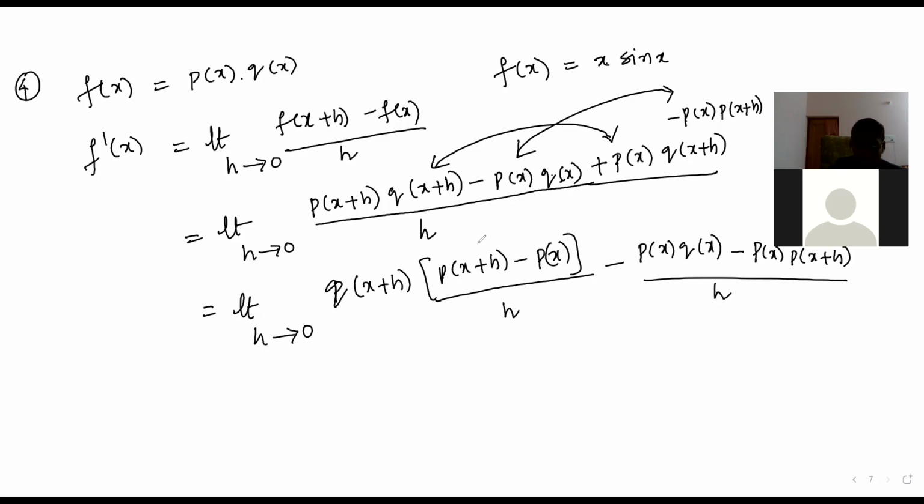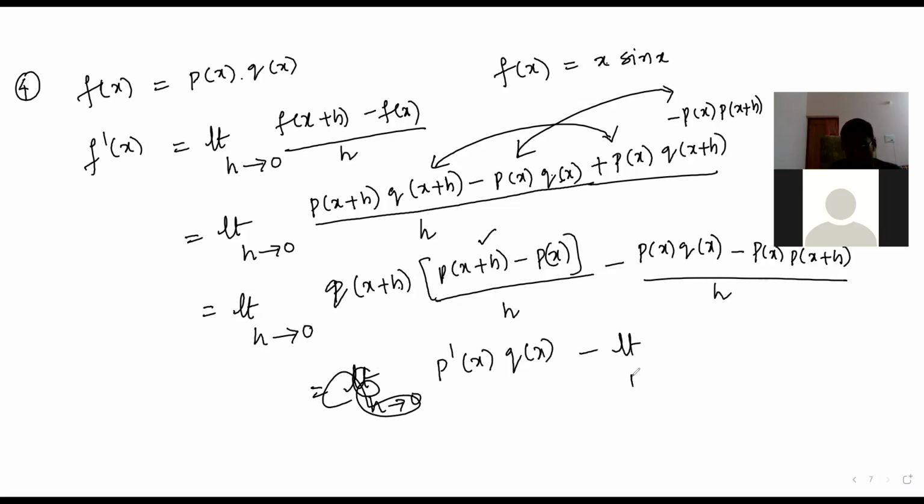This you can understand is p dash of x. Yes or no? p of x plus h minus p of x by h is p dash of x. Here is this p dash. p dash of x into, in the place of h if you put 0, q of x. One thing is done.